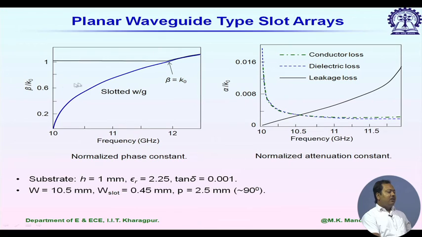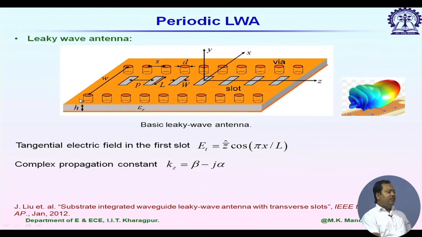Since we have a dielectric loaded structure, beta by K naught crosses 1 at some point, and for the first part, when beta by K naught is less than 1, it can behave as one uniform leaky wave antenna. If the periodicity P is very small, much less than lambda, we can consider it as an almost uniform perturbation along the length.